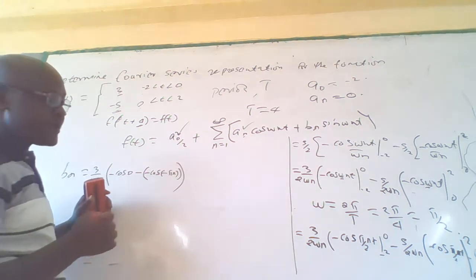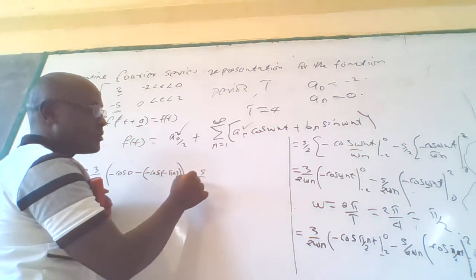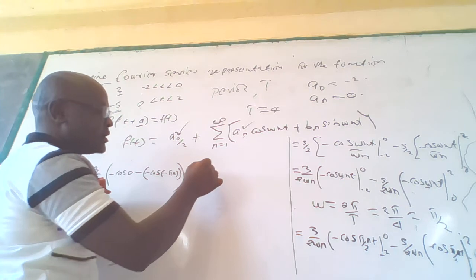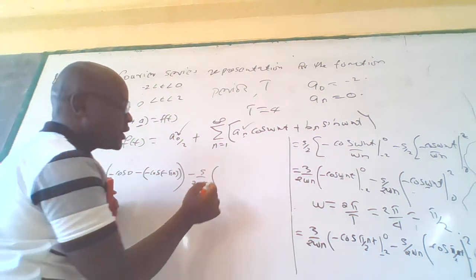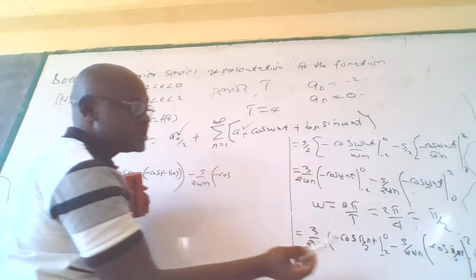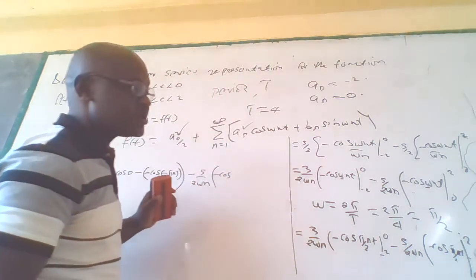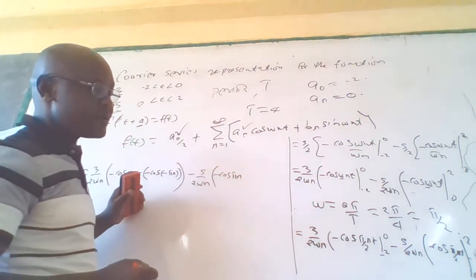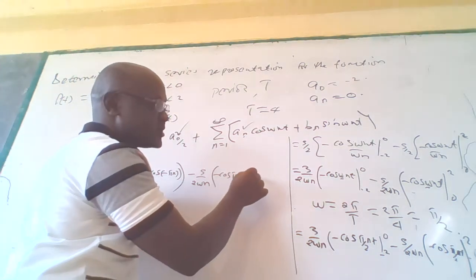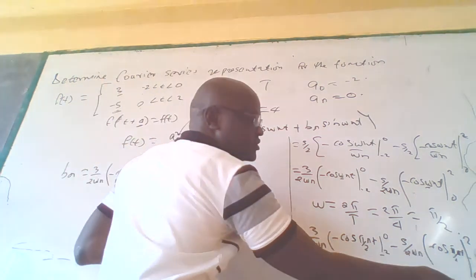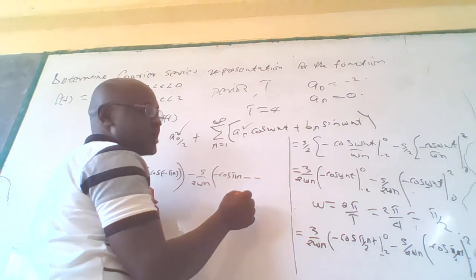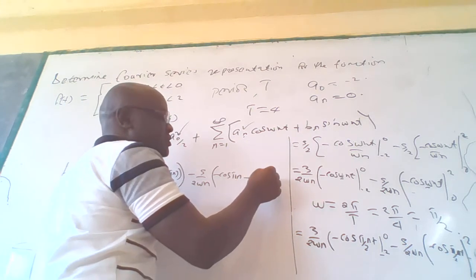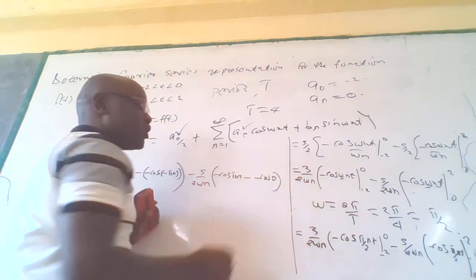Then minus 5 over 2 omega n into minus cos, the 2 and 2 cancel, so it will remain minus cos pi n, then minus, where t is 0, minus cos 0.